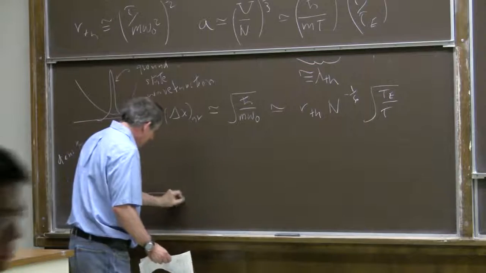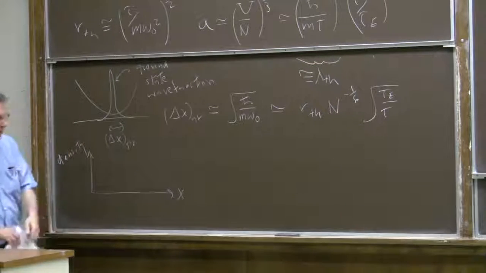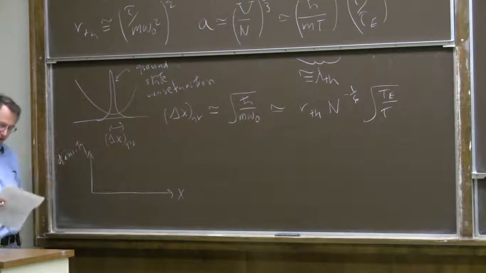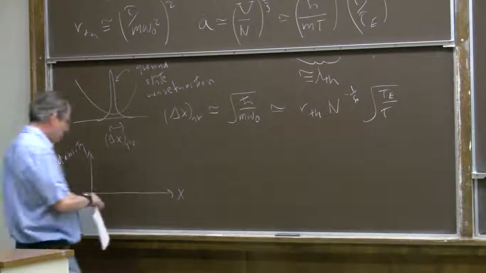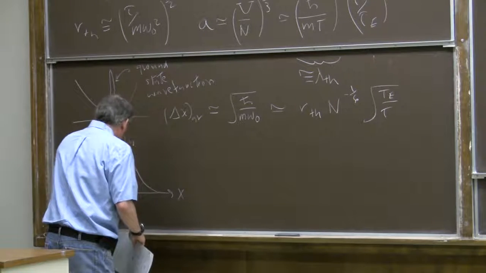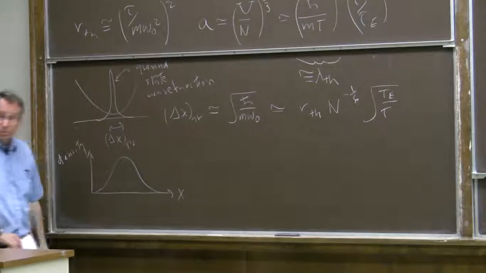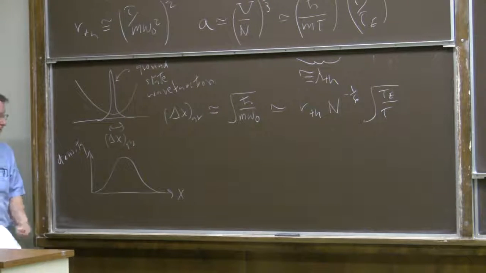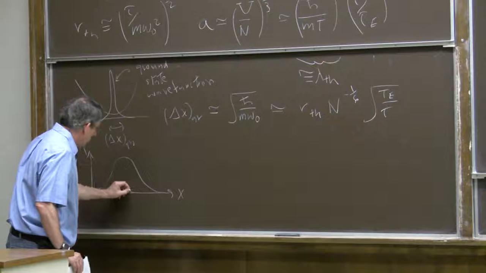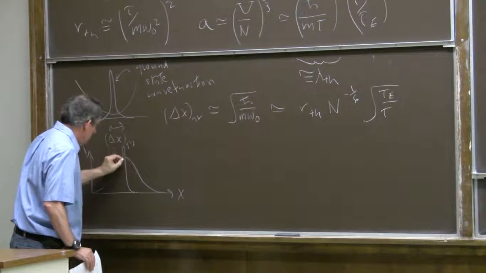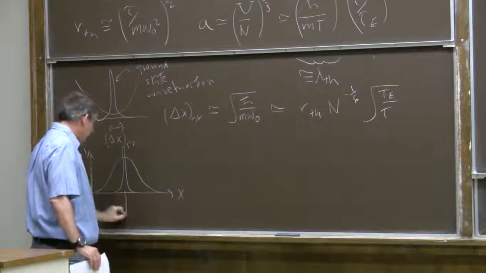as a function of position, and it's really a three-dimensional distribution, but if we take a slice through it, there's a broad thermal distribution of atoms in the trap, and then a much narrower peak associated with the ground orbital.